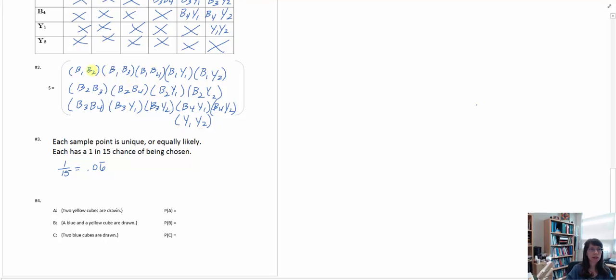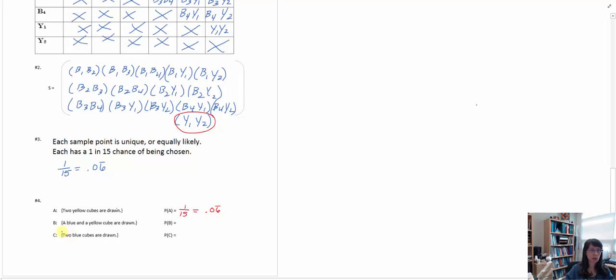Looking at our sample points, I'm going to scan across the row and look for 2 yellow, and we don't find 2 yellow until the very last sample point. So 1 sample point out of 15 sample points has 2 yellow cubes drawn. So we set up 1 out of 15, and that's the calculation we just did in the previous step, so we know that would be 0.06 repeating.